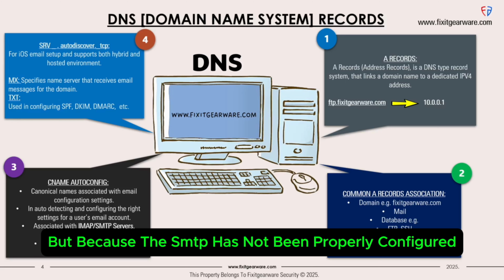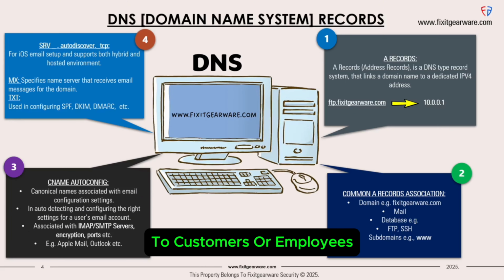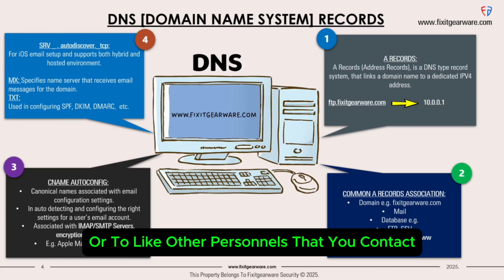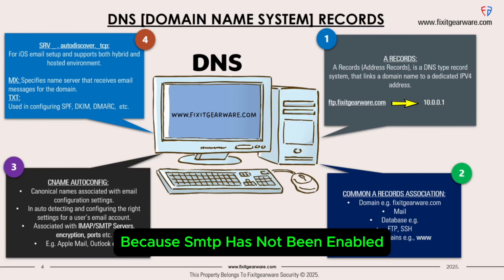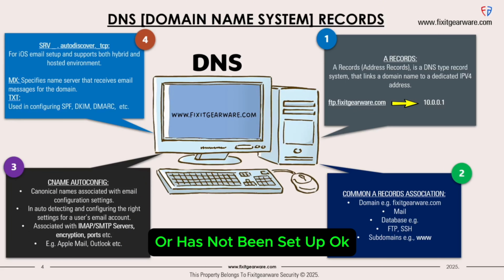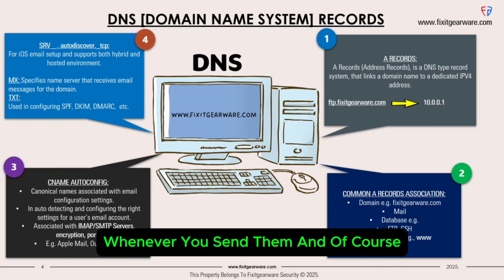But because SMTP has not been properly configured, your device is not going to be able to send email out to customers, employees or other personnel you contact with your organization email, because SMTP has not been enabled or set up. The key purpose of SMTP is just to handle outgoing emails whenever you send them.